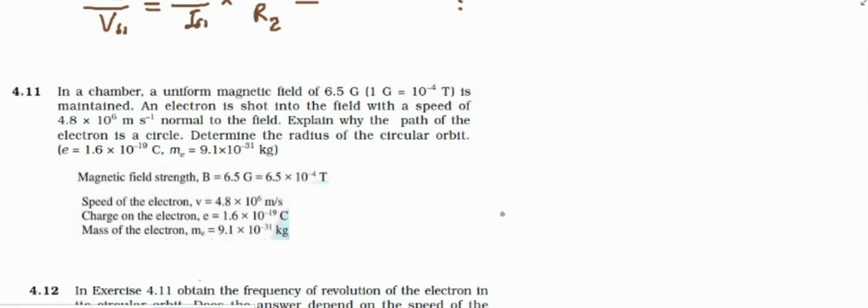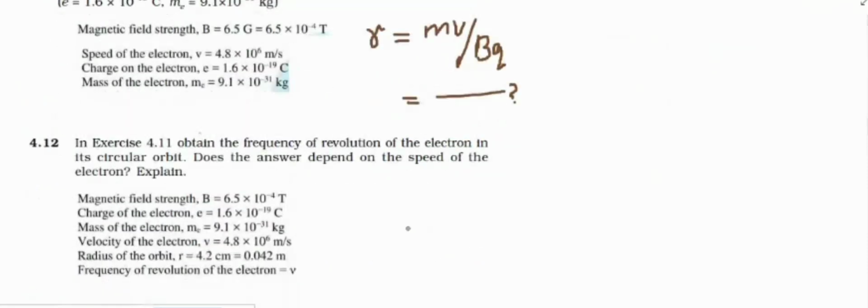So we have to explain that the magnetic force does no work, so the path is circular, which you have studied in theory. Now determine the radius of the circular path. You have the data, you need to just substitute the values. R is equal to m v upon B q. So substitute and find the answer.